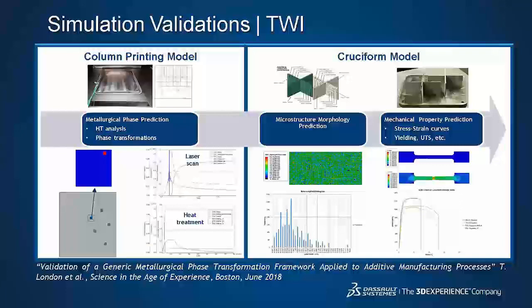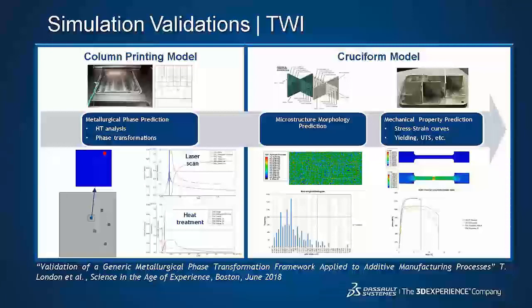Last year, we presented the collaboration work with TWI in terms of predicting location-dependent microstructure features such as grain size, morphology characteristics, and phase transformations and fractions. We did it using a metallurgical model to present phase fractions, cooling rate, and current temperature together with phenomenological models such as JMA kinetics for diffusional transformation and KM equations for martensitic transformations to predict the phase transformation.